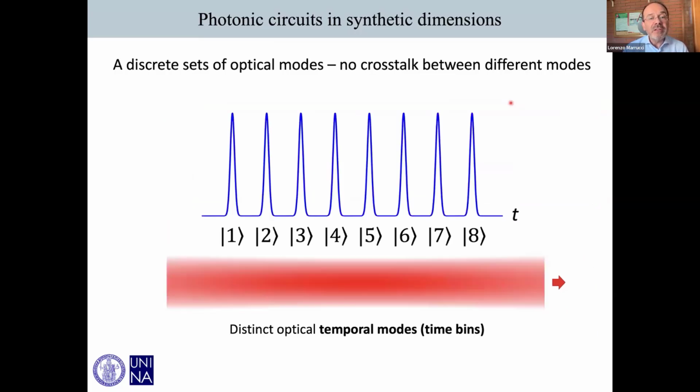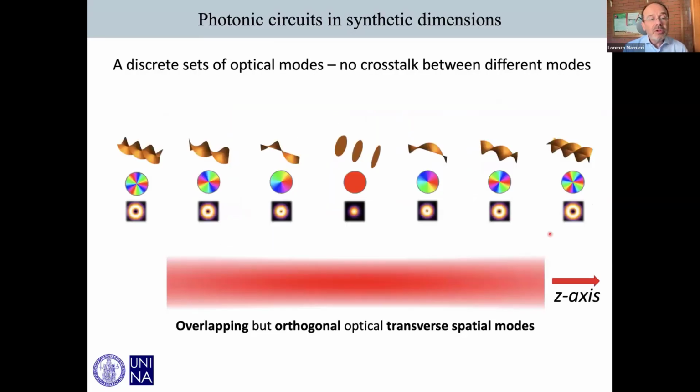But you can achieve that using, for example, instead of distinct spatial paths, distinct temporal modes like time bins, in which the separation is temporal, but all the light travels in a single beam. And this can have distinct advantages in terms of practical management of the system. You can also use entirely overlapping but orthogonal transverse spatial modes.